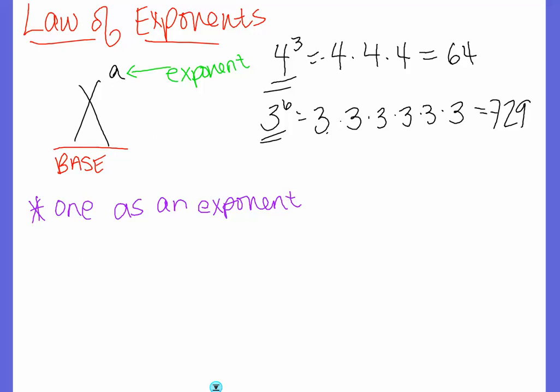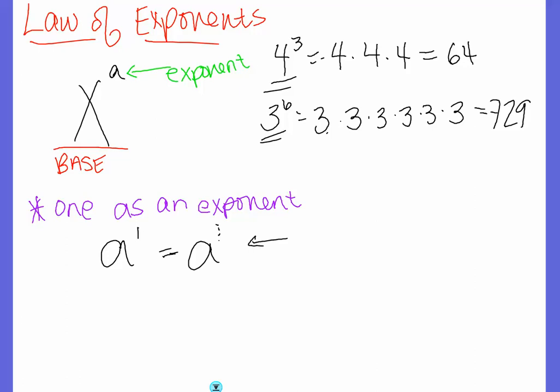So this is the first rule. What this rule tells me is, if I have a to the first power, because 1 is an exponent, that's just the same thing as a. So if any base doesn't have an exponent, its exponent is assumed to be 1. There's an invisible 1 right there. So that's what 1 as an exponent says.